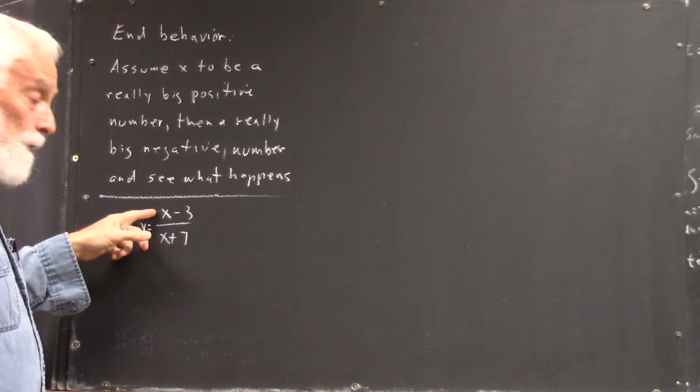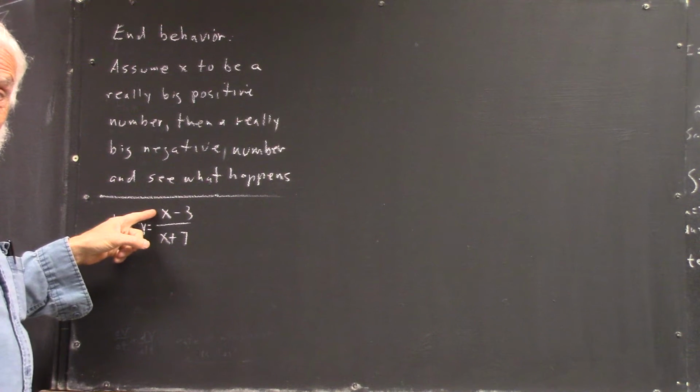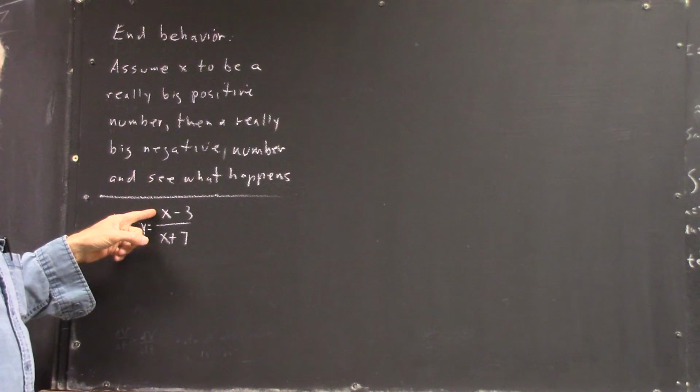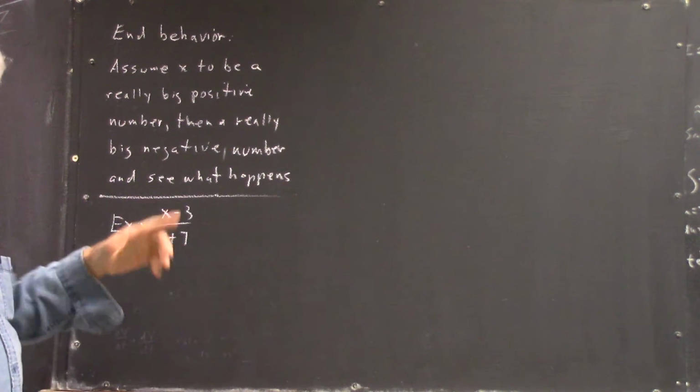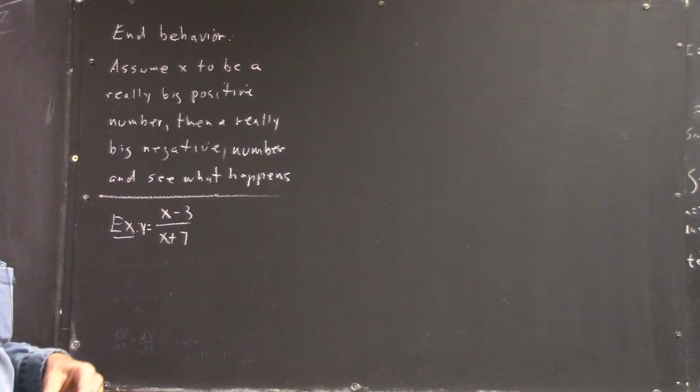So x minus 3 for a big number is as close to x as you want it to be, in the sense of a percent difference, okay?